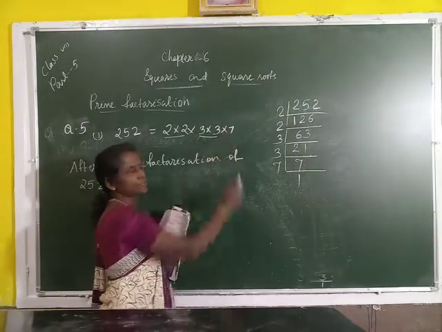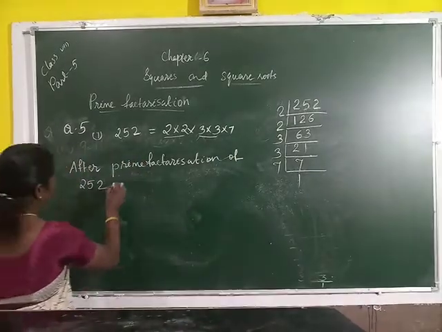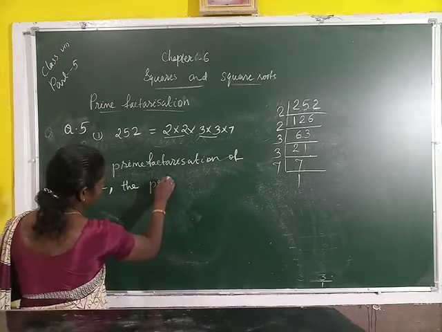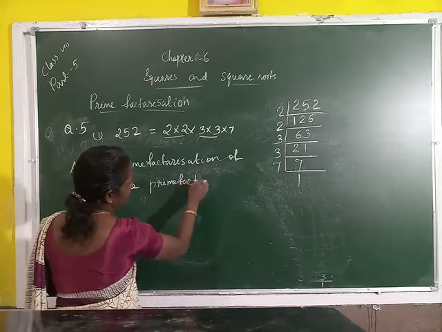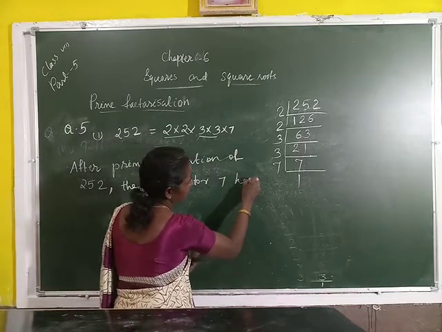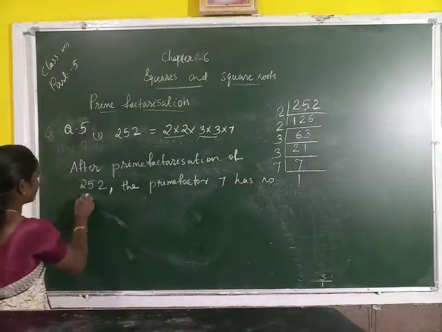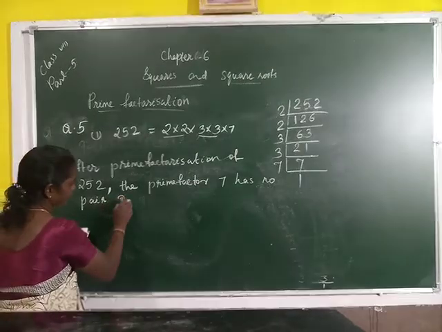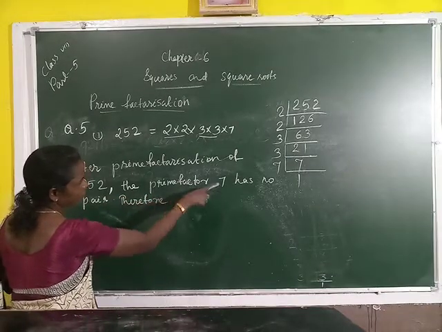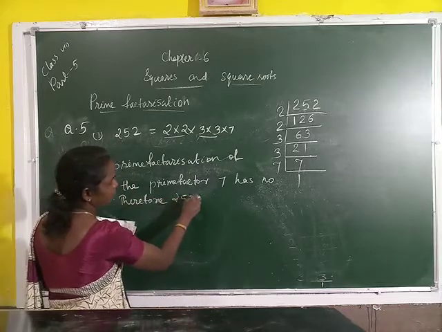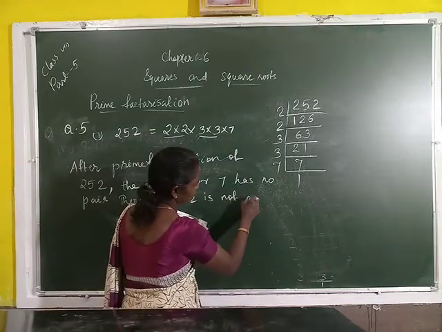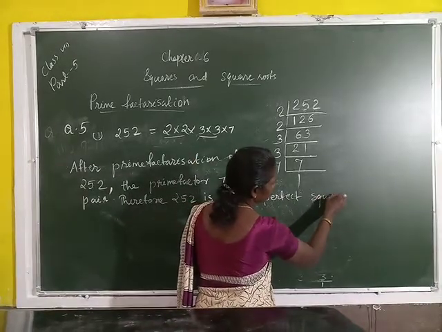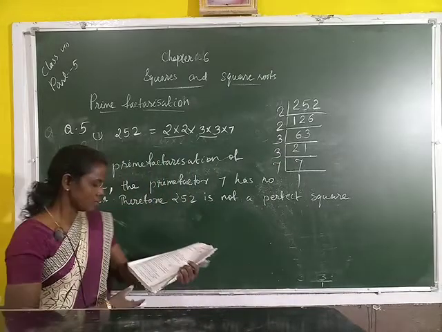The prime factor 7 has no pair. Therefore 252 is not a perfect square.